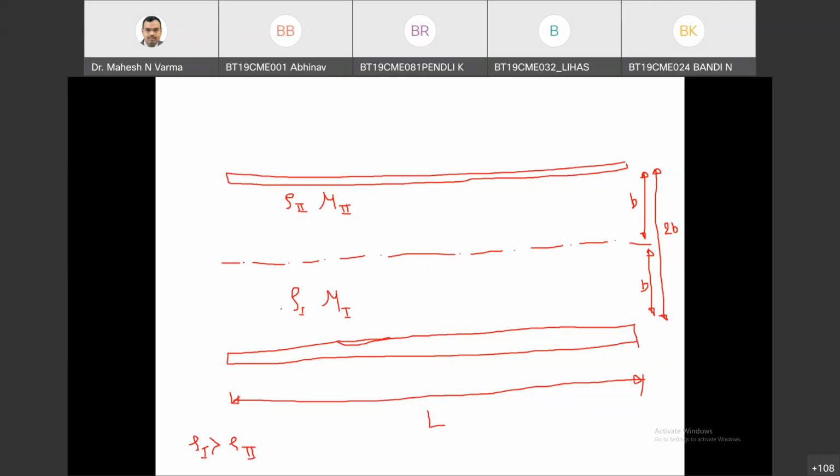Because rho 2 is moving on the upper side and rho 1 is moving on the lower side, and there is an interface in between. Okay. And can you say something about mu1 and mu2? Lihas?